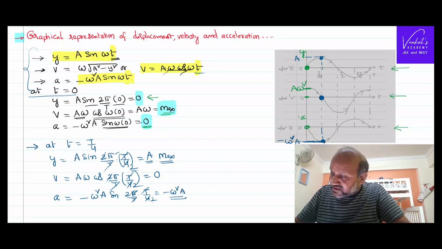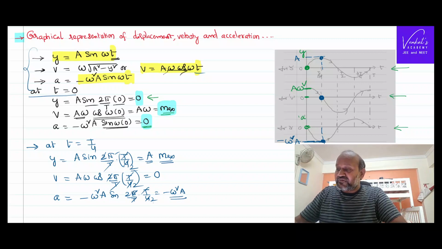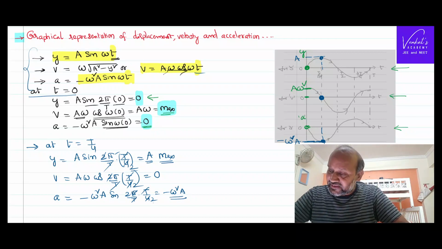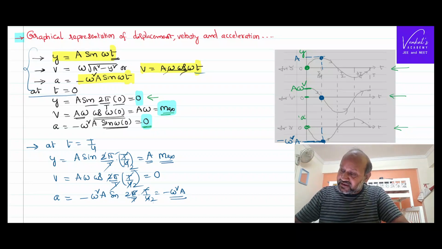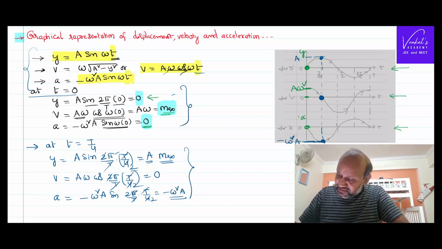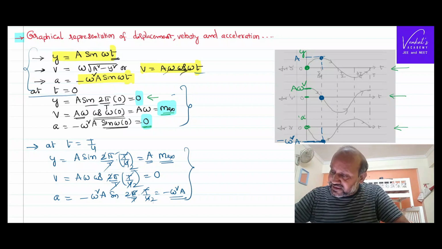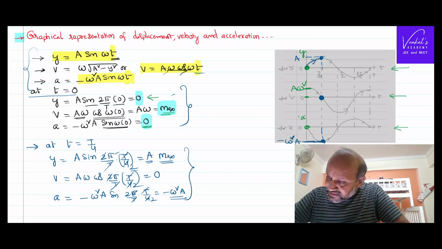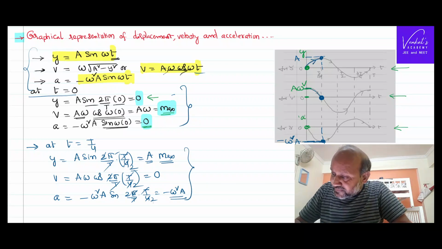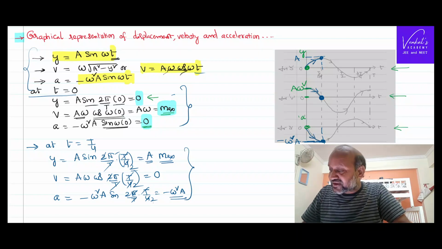The graph has reached the bottom. If you join these points from the t equal to 0 points to these points, you can get a kind of graph. See how the graph is progressing.